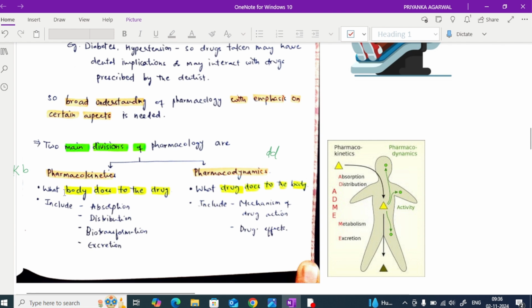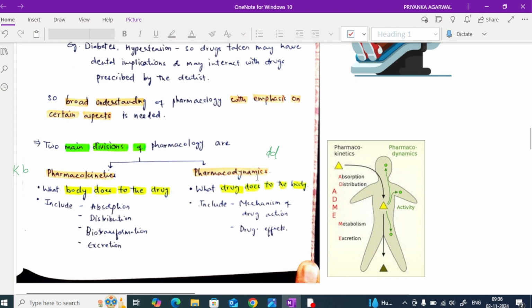It is what the body does to the drug. Remember it like KB, kinetics and body. If you remember the one word body, you will be able to write this sentence. So what the body does to the drug. It includes absorption, distribution, biotransformation, that is nothing but metabolism of the drug, and excretion.